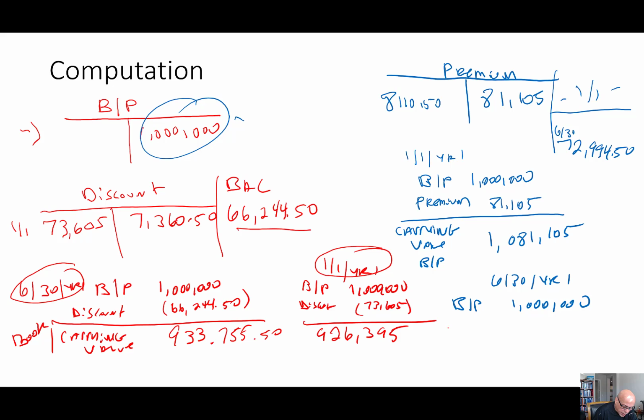Okay, and so now I pick up the premium. Premium is $72,994.50. Remember, I add the premium.